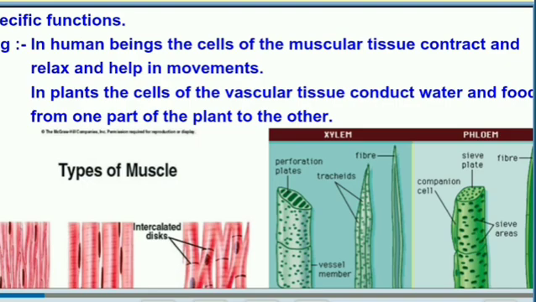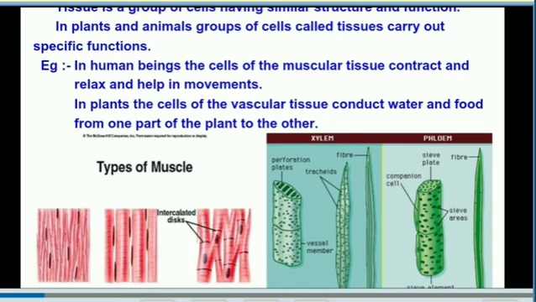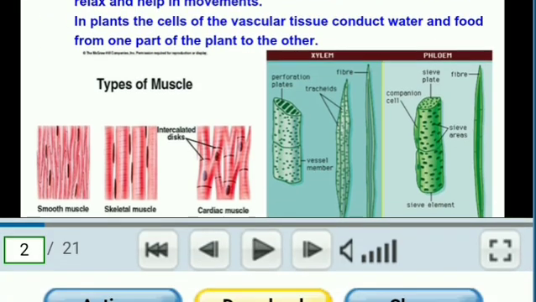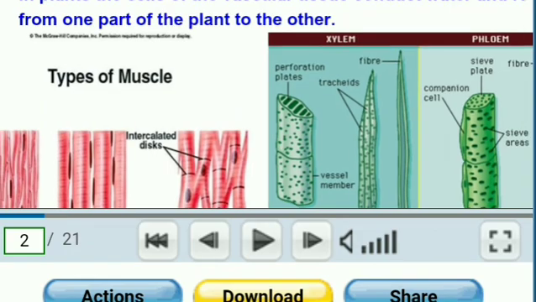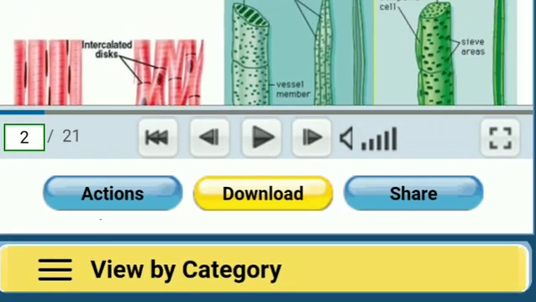As you know, the water conducting tissues are called xylem and the food conducting tissues are called phloem. You can see here the types of muscle cells given and explained.